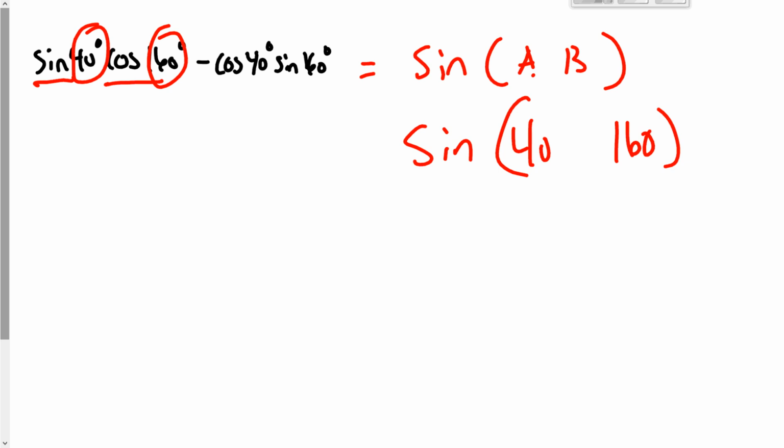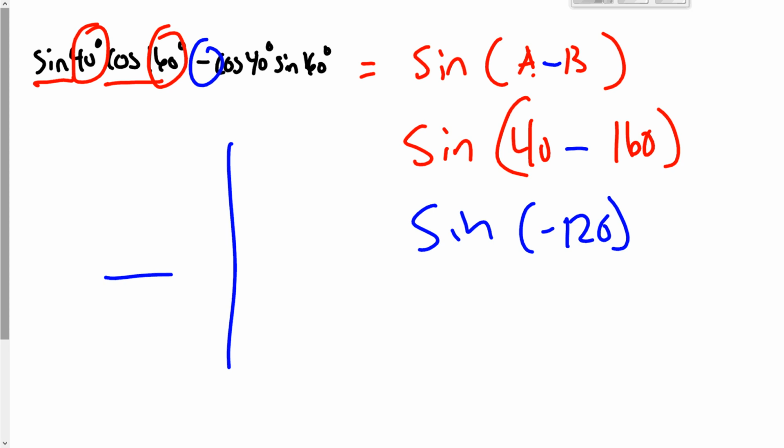Now, what does Sinbad say about their signs? He says their signs are the same, so that's subtraction. So I can take 40 minus 160, which is negative 120. And what is sine of negative 120? Well, that's over here, down. This is negative 90, this is negative 180.